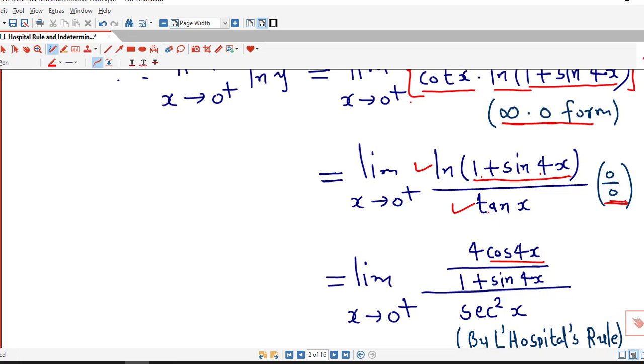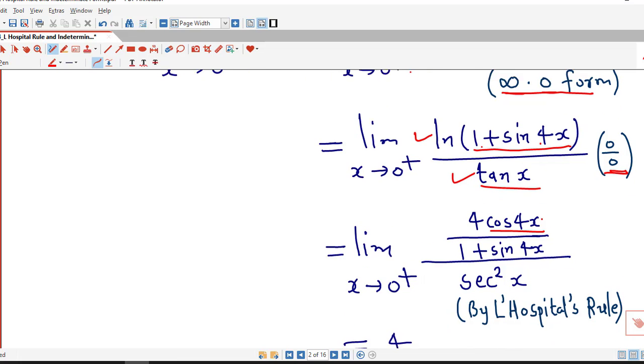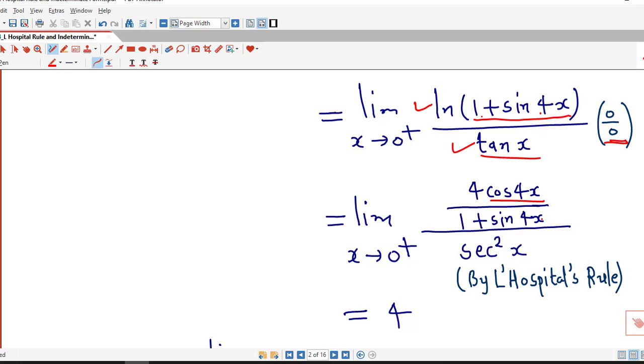And in the denominator we write the derivative of tan x, which is sec square x. Now we take x equal to 0. We have 4 cos 0, which is 4. Here we have 1 plus sin 0, that is 1, and sec 0 is also 1. So we arrive at 4.